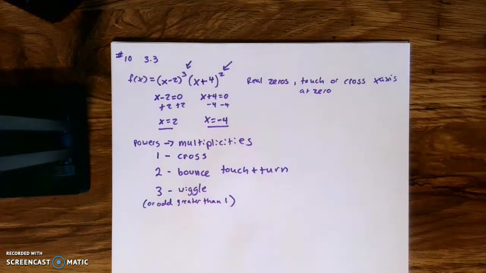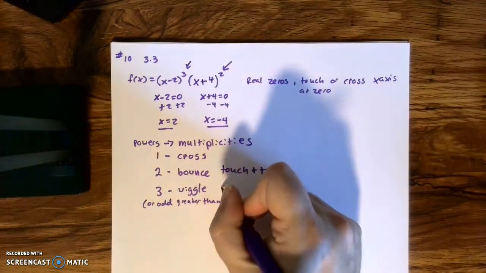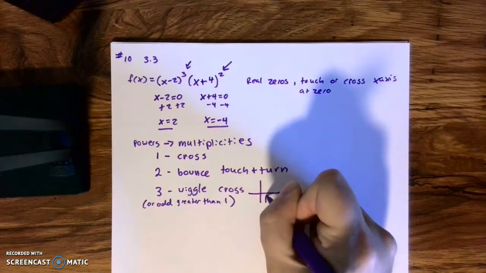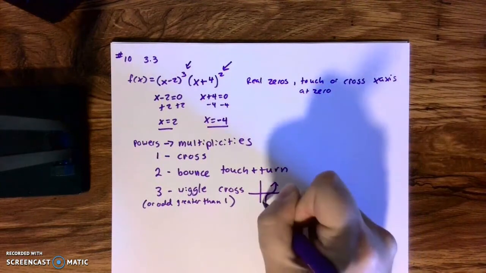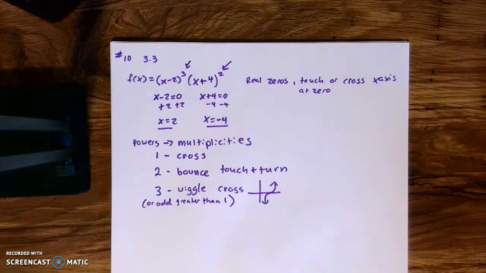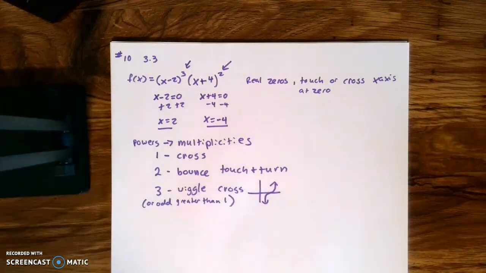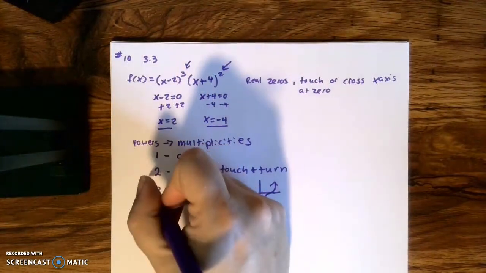So this is a wiggle. It's going to cross. But when it crosses, it's going to do some wiggling. Okay? And anything that is even or greater is going to be touch or turn.